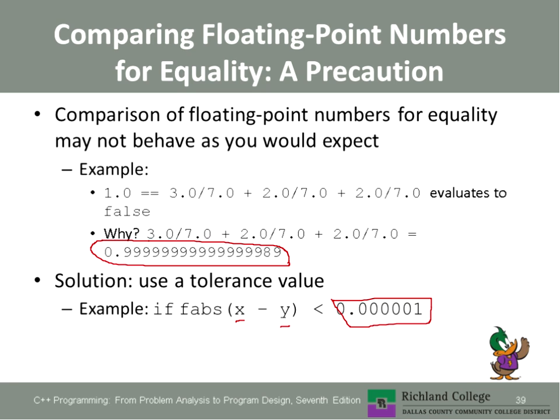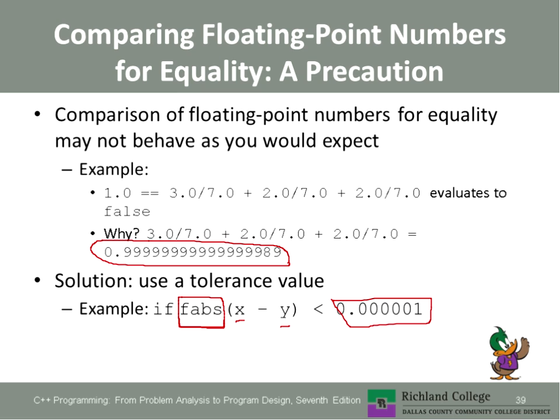Now in order to do that, because we don't know if x or y is larger, when we subtract the two just to get the tolerance, right, the difference, we're using somebody else's function, and this is the function call. Okay, that's your function call. It is a floating point absolute value.